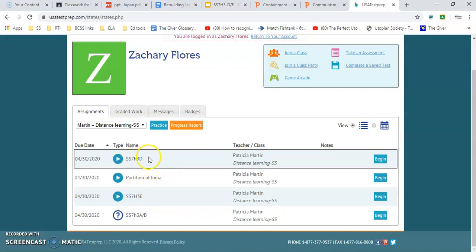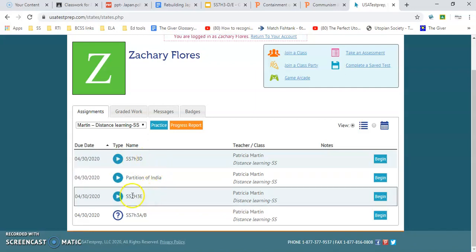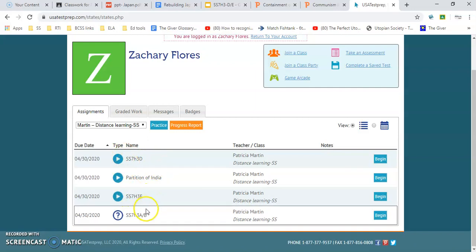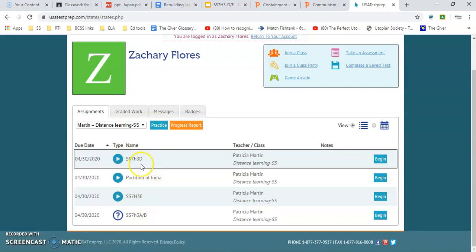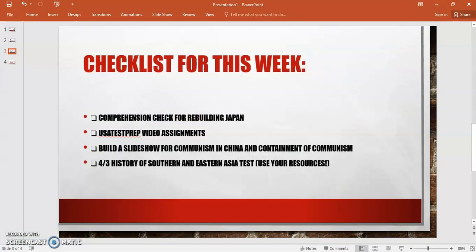So now we have this SS7, H3D and SS7, H3E. These two are videos, so it's not very complicated, but you can just watch the video and answer those, I think, 4 or 5 questions depending on the video. Once you're done with those two, you are done with the first 2 assignments, and you can check these off your list. So this one would be done, and this one would be done.